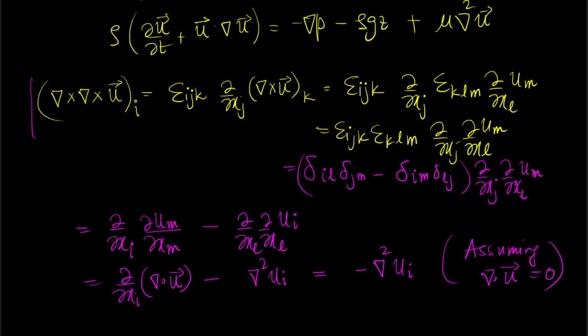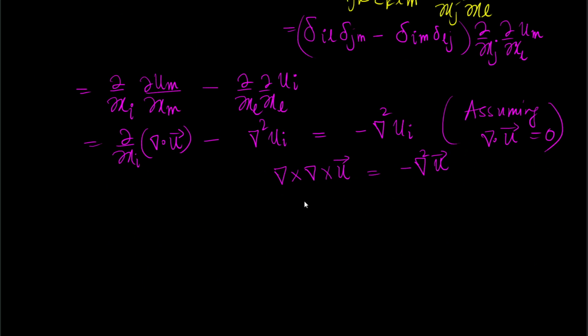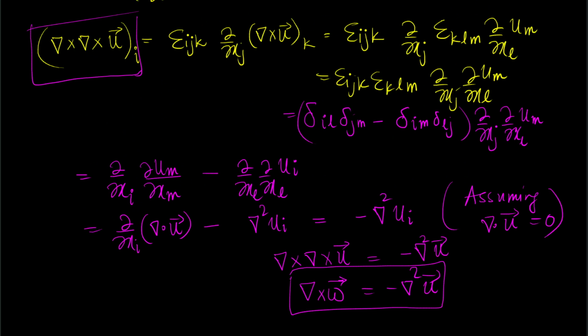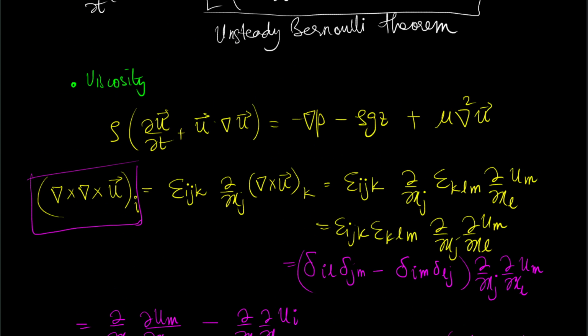So therefore nabla cross u is equal to minus Laplacian of u, and this is nothing but nabla cross omega. So in the Navier-Stokes equation, when we substitute this particular identity, assuming this of course, we end up with this particular term.